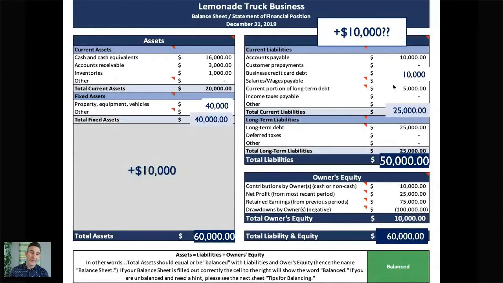This is finally circling back to that original point I made about why it can be more intuitive to have your assets on one side and your liabilities and equity on the other. If you add something to the left side of the equation, you're going to have to add something to the right side. So every time you make an update to your balance sheet, there's going to have to be two updates.